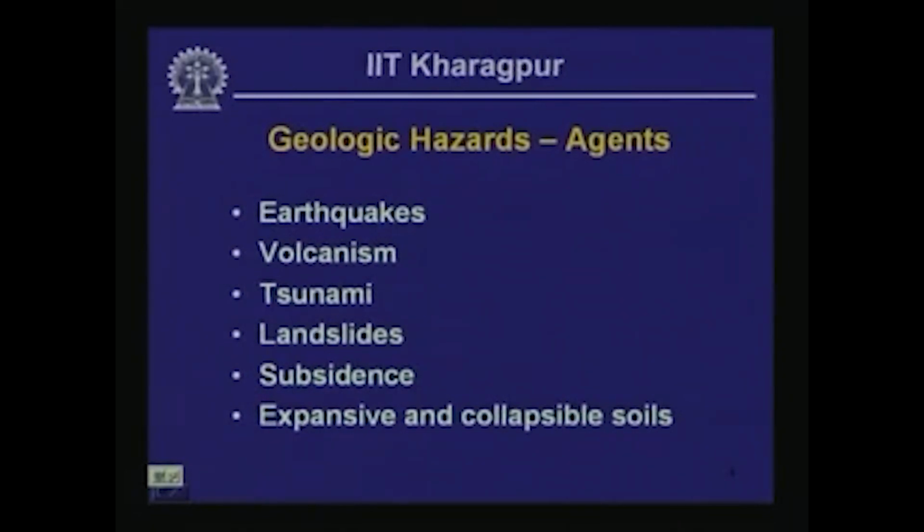So, we are going to discuss at length the first 5 in this particular lecture set. We are going to talk about earthquake hazard, hazard due to volcanism, tsunami, landslides, and subsidence.